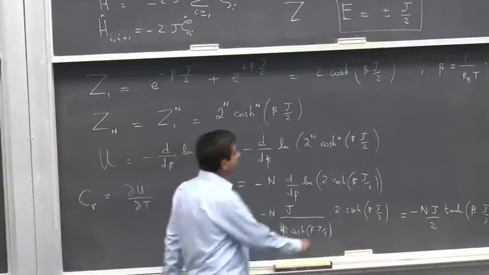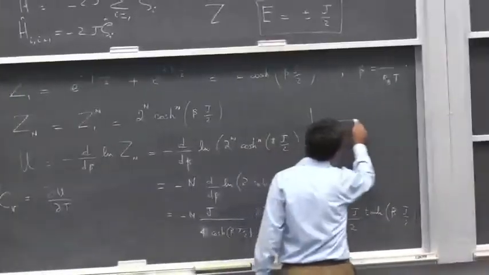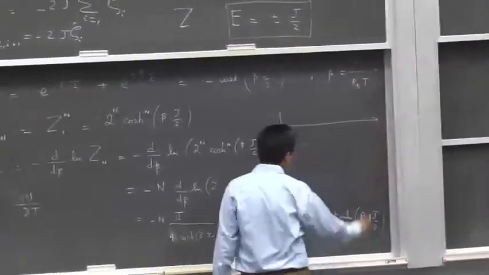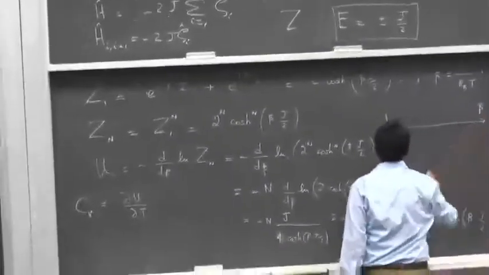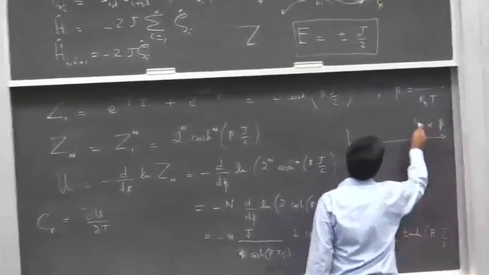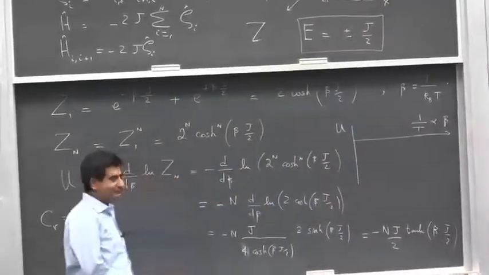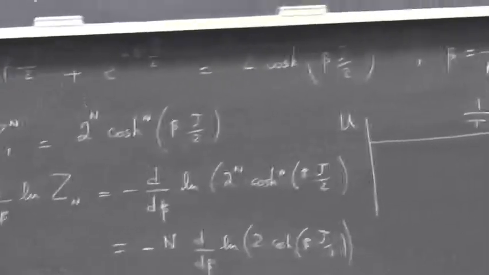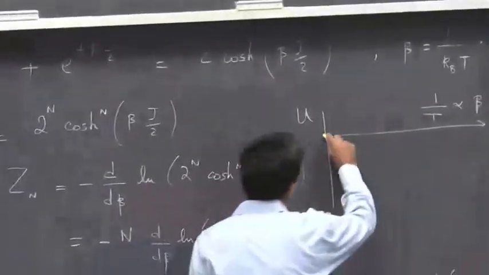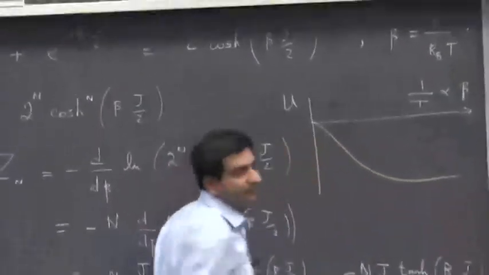to temperature. By the way, if I were to plot versus beta, which is proportional to 1 over temperature, the energy of the system, I will get this negative of the tan function. This will look like this. Tan function looks like this.